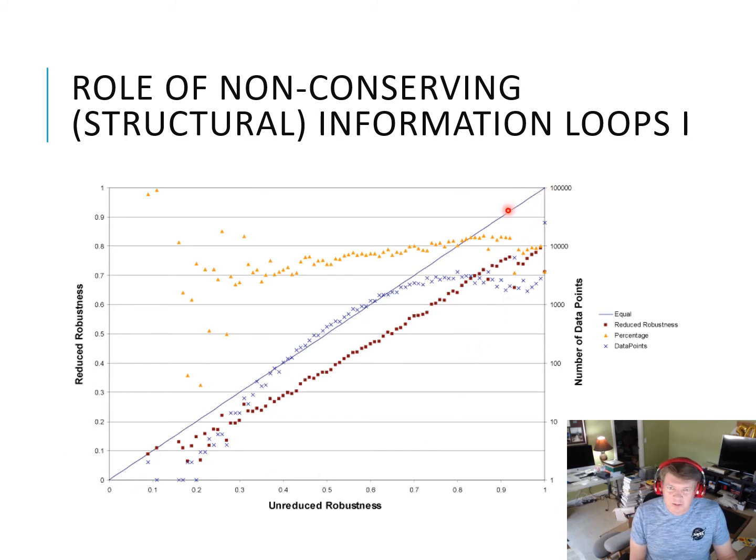The solid diagonal line here shows us where the reduced robustness and the unreduced robustness would be the same. And the red line is below it, showing us that in just about every single case, the robustness of the dynamic core, the reduced network, is less than the original network we started with.